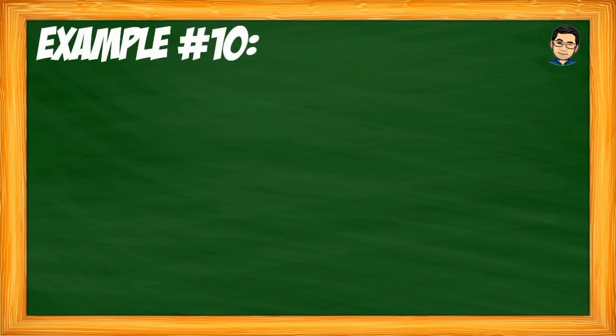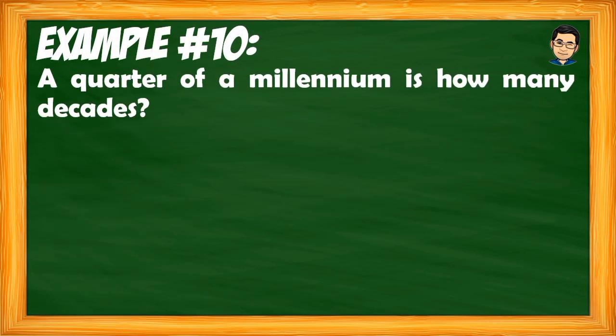So, our last problem, a quarter of a millennium is how many decades? So, millennium, 1,000 years po ang katumbas niyan. Kaya lang, ang given po natin dito is quarter. Kapag sinabi po natin quarter, 1/4. Okay. So, ano po yung ating mga conversion factors? 1 millennium, sabi ko nga kanina, is equal to 1,000 years.